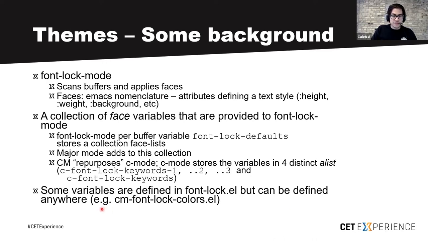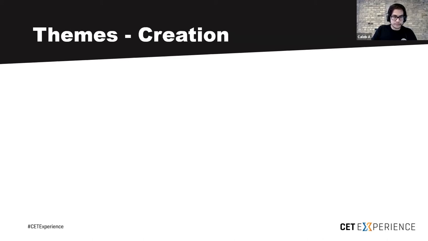So most of the CM default colors can be found in this file here. This is in base Emacs, cm-font-lock-colors.el. So that outlines the problem with an arbitrary theme application in CM. However, there is a solution.